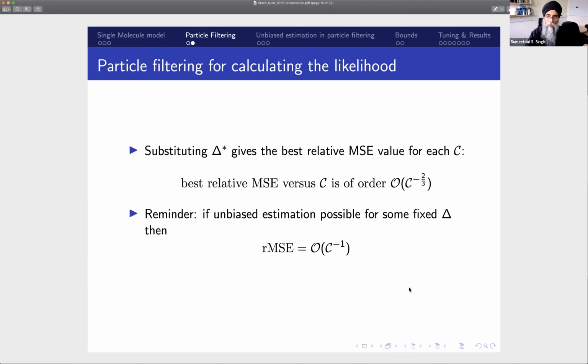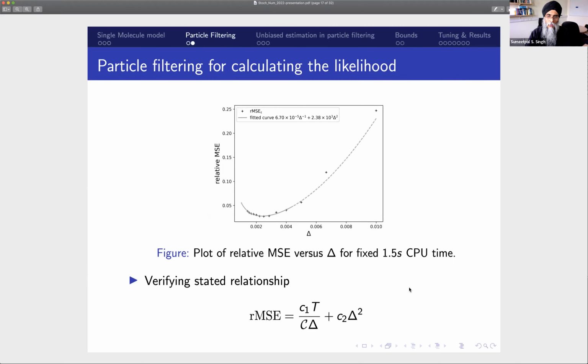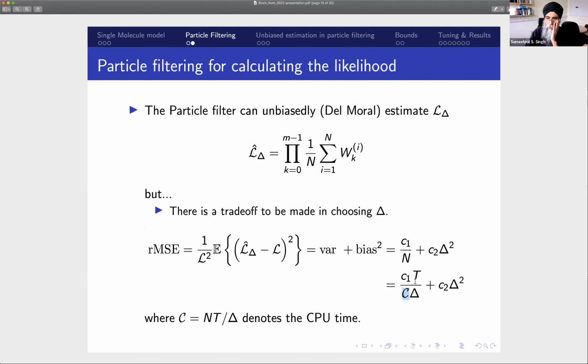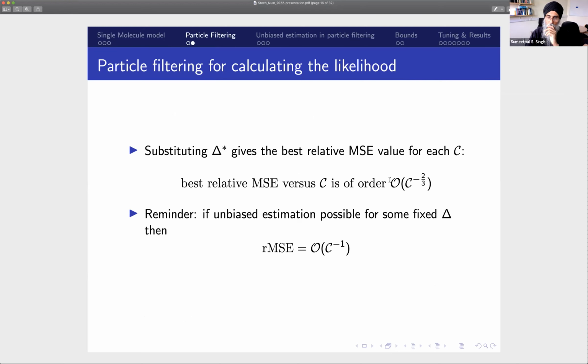Assuming this relationship is true, we can differentiate it with respect to delta and find the best delta, delta star, and it will say that the mean square error decreases with our CPU time like C to the power of -2/3.